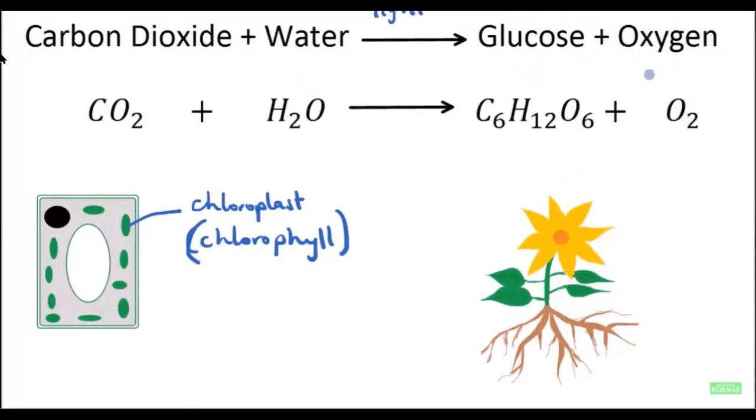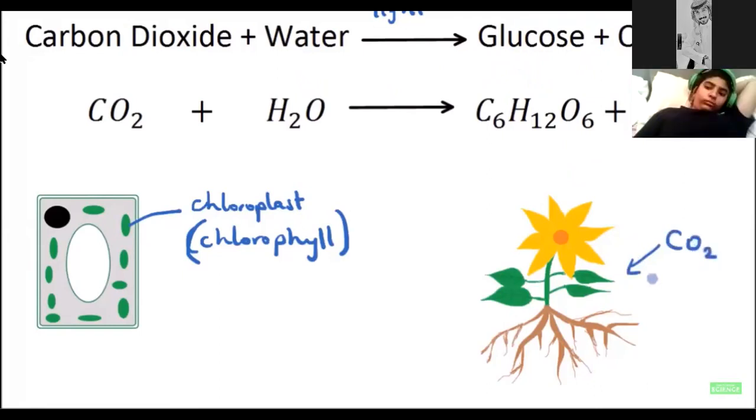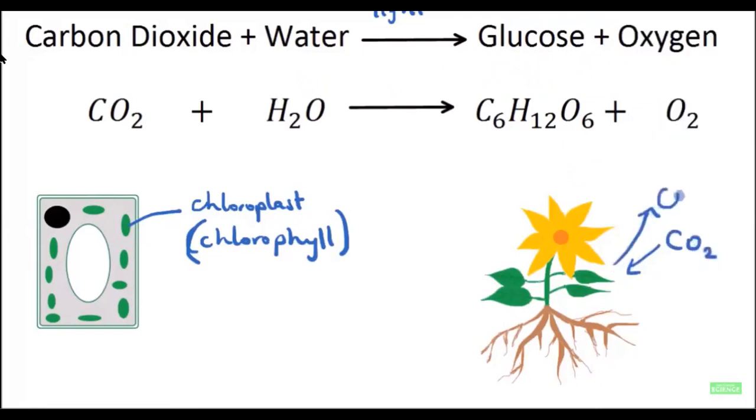The oxygen here is released into the air via the leaves. So we've got carbon dioxide coming in via the leaves and oxygen leaving the plant via the leaves, and then we have water coming in through the roots from the ground, from the soil.